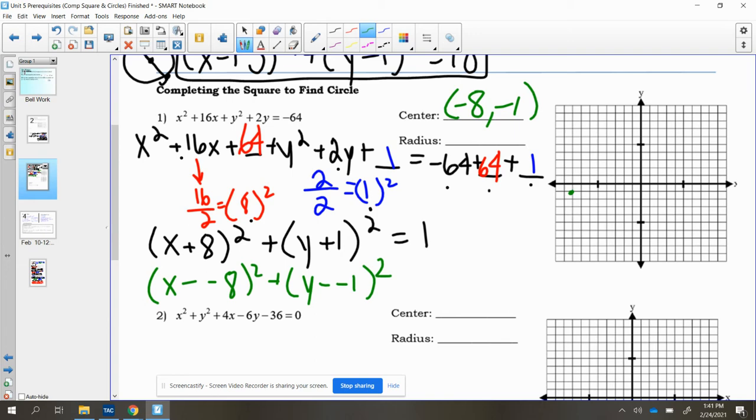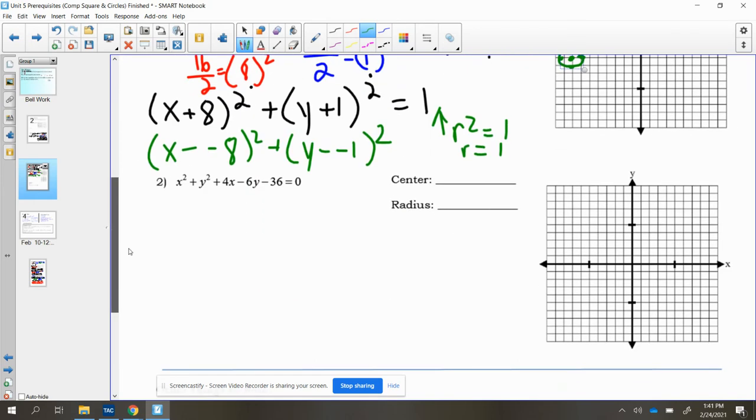And then our radius: our r squared value was 1, so our r value when we square root also happens to be 1. So when we graph, we're going to graph that center at -8, -1, and then we're going to go 1 unit up, down, to the left, and to the right to help us graph our picture of our circle.